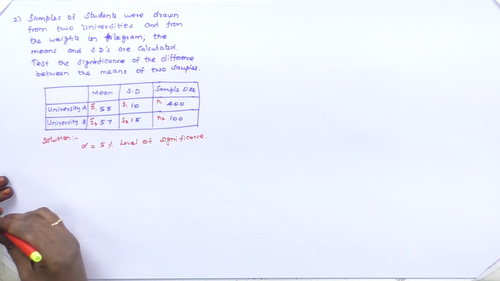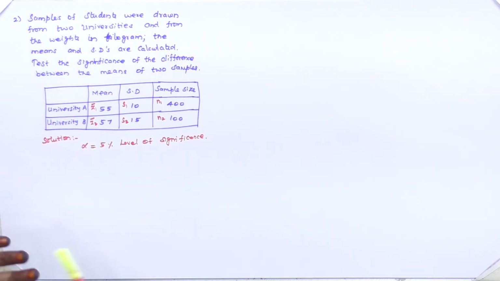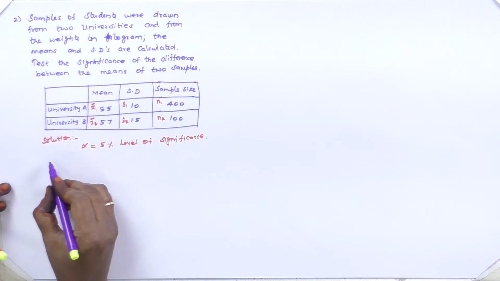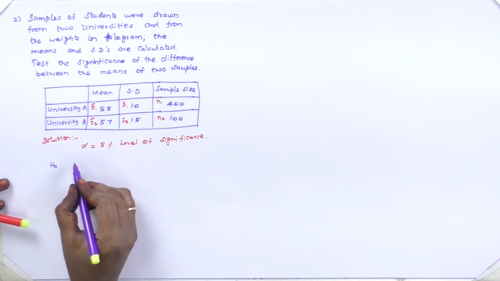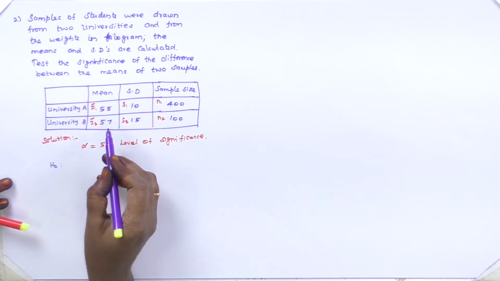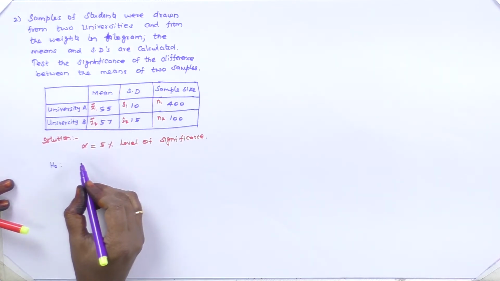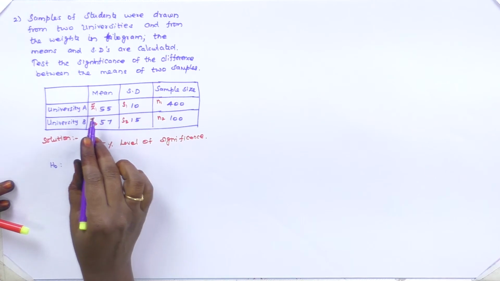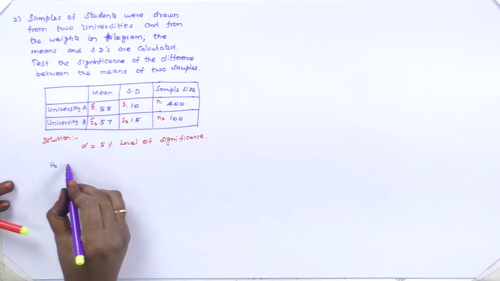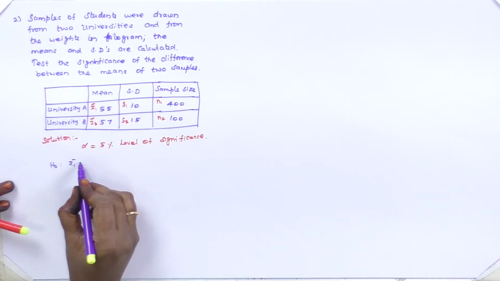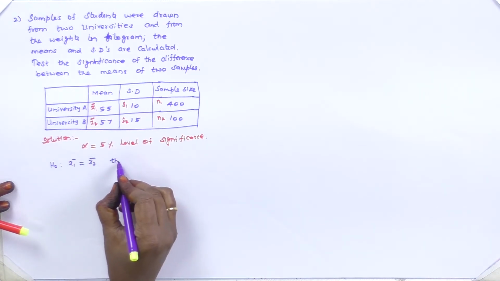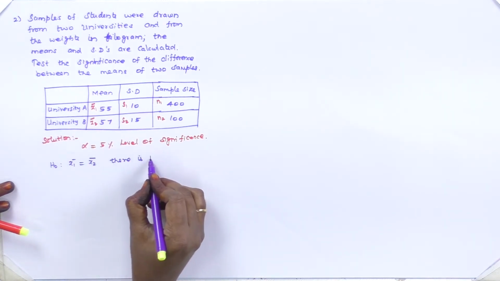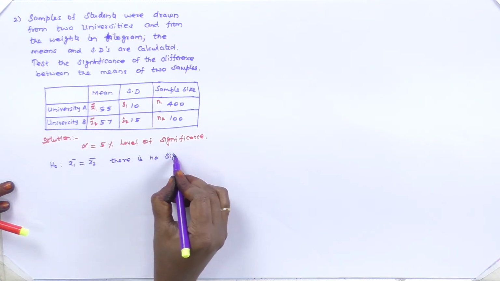First set up the null hypothesis, that is H naught. Here we assume the null hypothesis is that there is no significant difference between the means, that is x1 bar is equal to x2 bar.